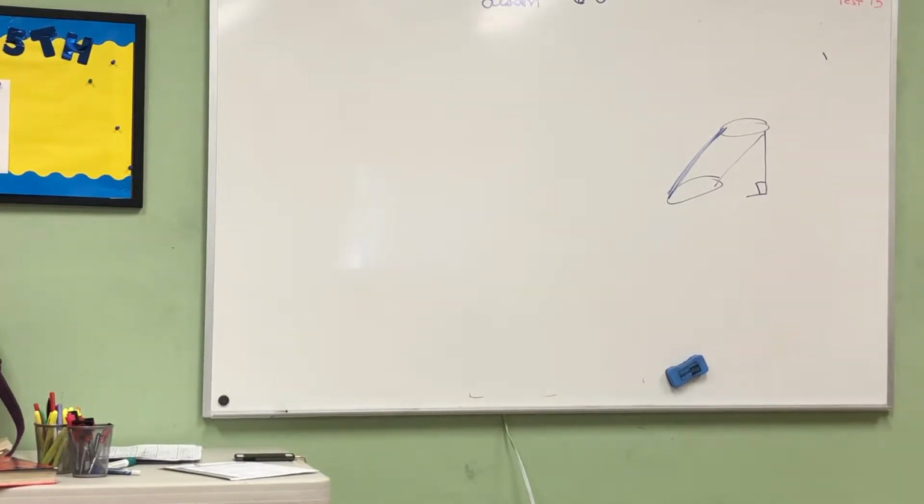If we took the wrapper off, that's the lateral area. If we took the top and the bottom off too, that's the total surface area. In this section, we're just talking about the volume and the lateral surface area.